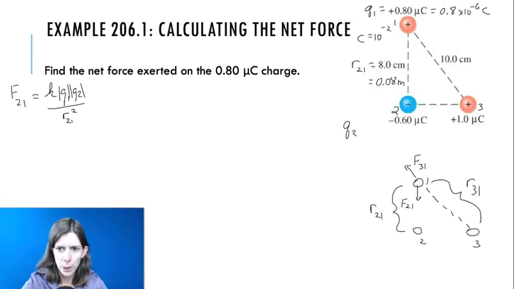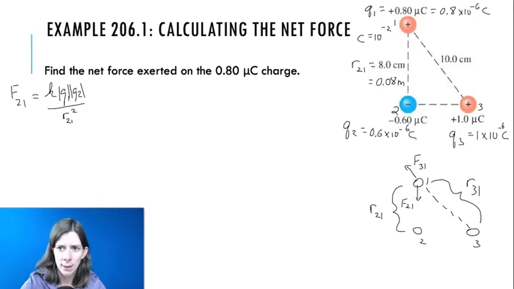So we can still put the negative in, we can just ignore the negative because it's going to go away with the absolute value. What we really care about is the number, which is 0.6 times 10 to the negative 6 coulombs. While we're here, let's go ahead and finish our givens. Q3 is 1 microcoulomb, or 1 times 10 to the negative 6 coulombs.